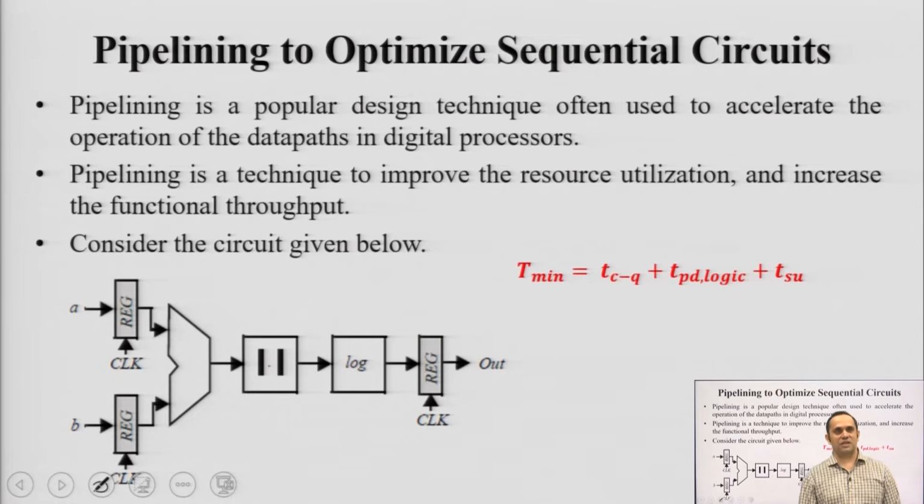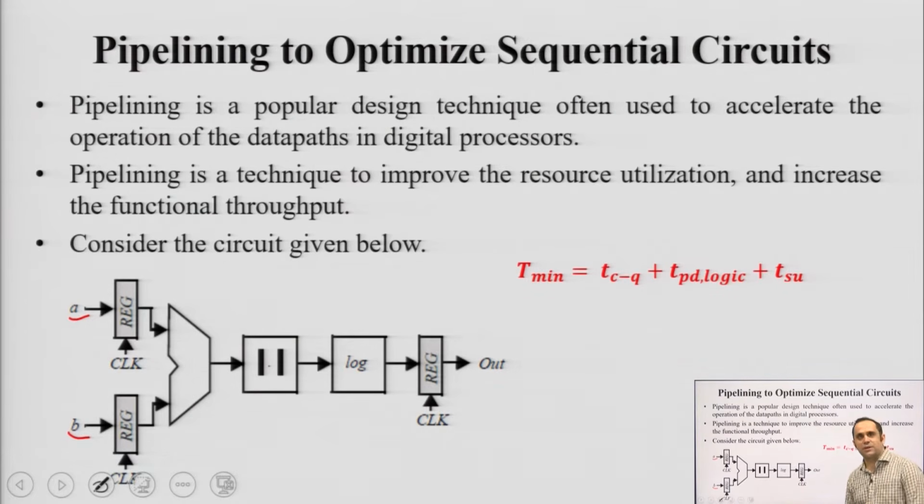First, I will explain what this figure is. You have two inputs, A and B. They are being stored in some registers, which are most likely clock edge-triggered registers. They go through an adder circuit, then the absolute value is taken, and then the logarithmic value of that absolute value is calculated and stored in another register.